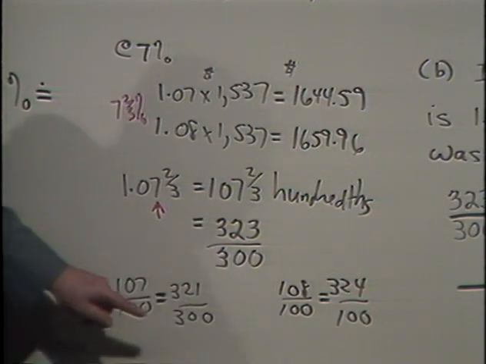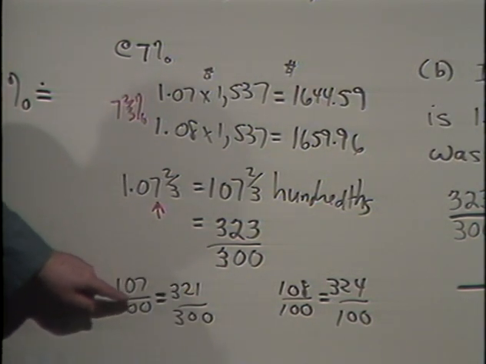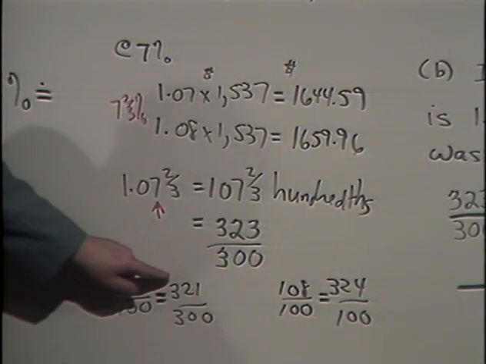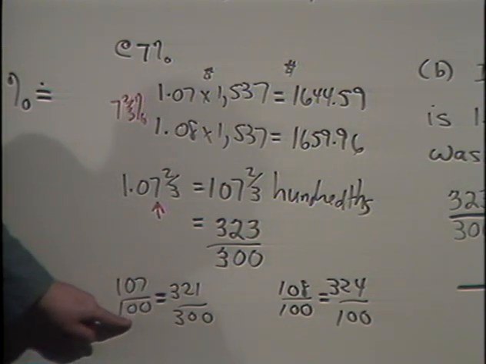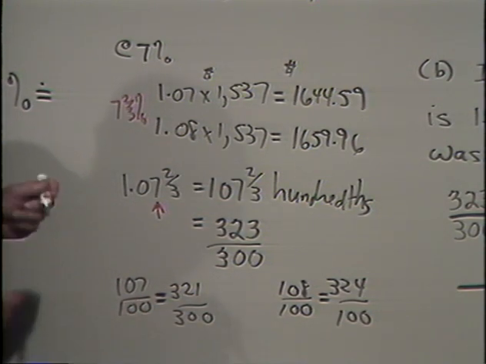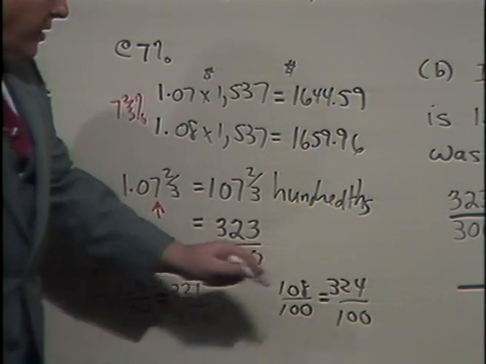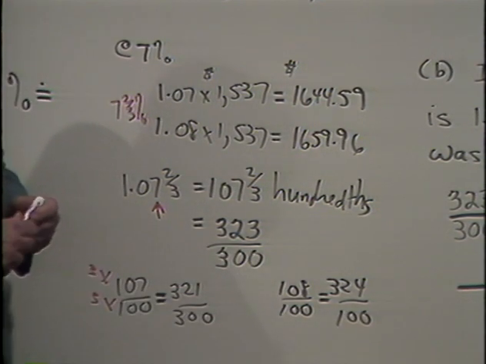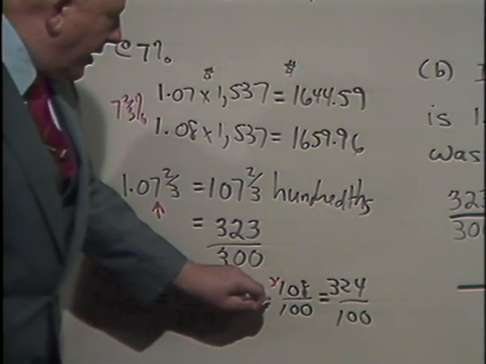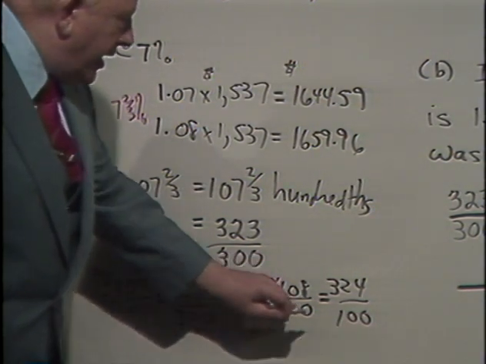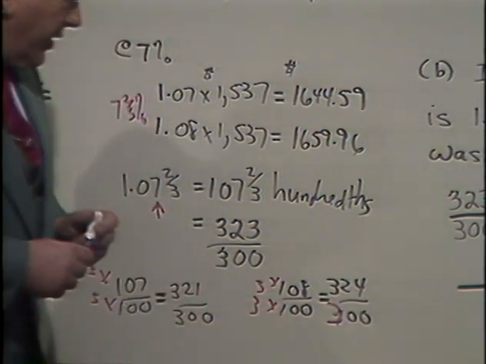And if you want to check this, 1.07 is 107 hundredths. That's the same as 321 over 300, you see, multiplying numerator and denominator by 3. And 1.08 is 108 over 100. And if we multiply numerator and denominator by 3 here, we get 324 over 300.